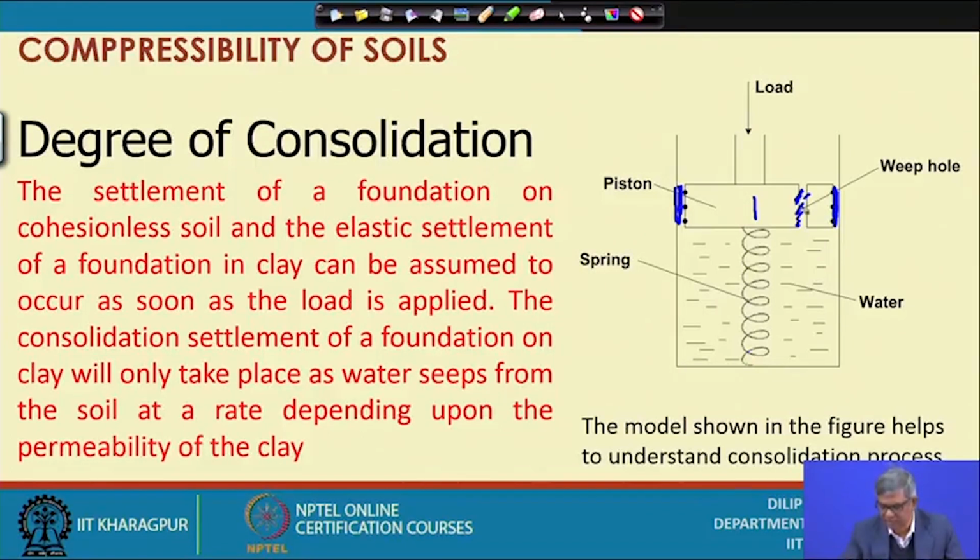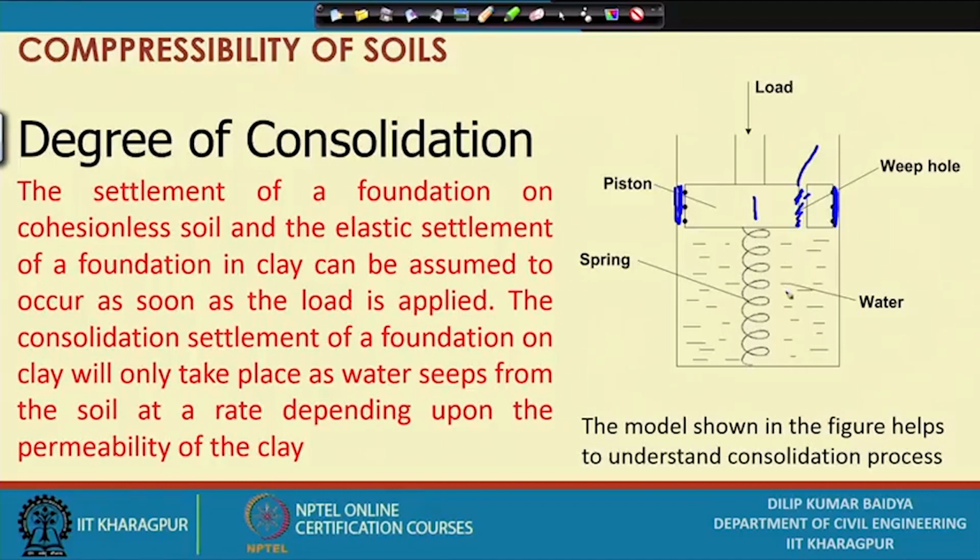Now, in the second stage, if I imagine a small opening here, very fine, then since the water is pressurized, it will try to get released. Water will seep through this small opening, and until the excess pressure becomes 0, it will continue to come out.